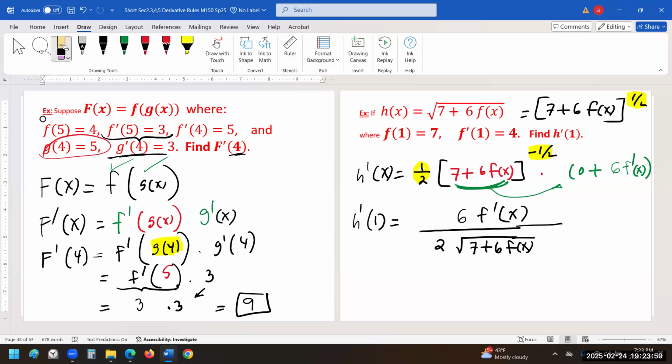But then every x turns into 1. And now we have nothing to do because we have everything. We can cancel 6 and 2, we get 3. Because they are multiplying both on the top and on the bottom. F prime of 1, 4.